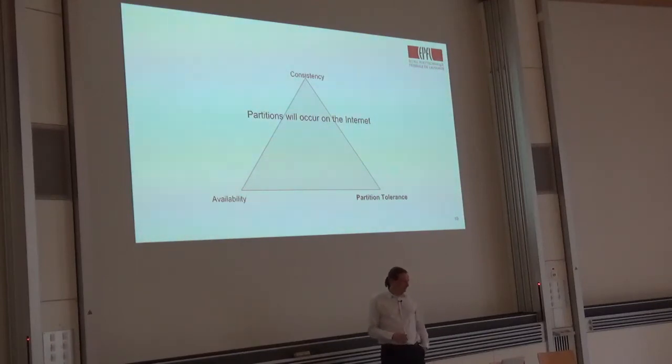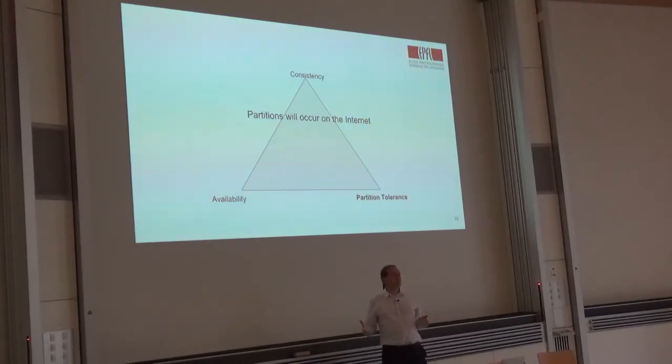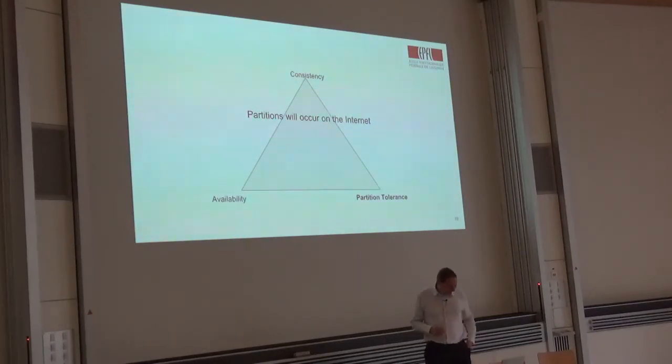So, for example, since the internet clearly is partitionable, and we observe empirically that partitions do occur on the internet, we don't get partition tolerance. We kind of have to give that up. But if we're willing to give that up, we can get consistency and availability.